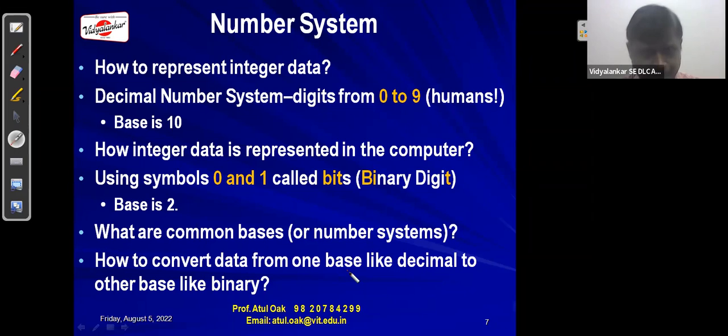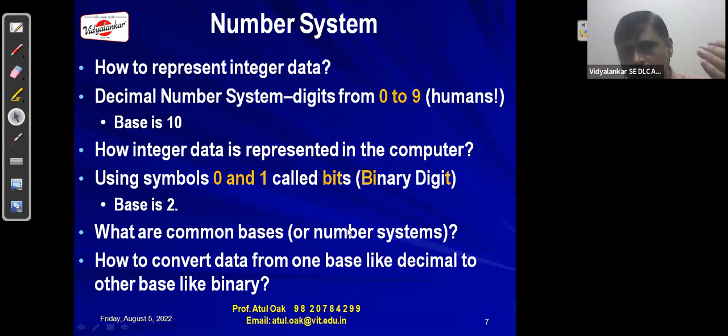I repeat again, because now our environment is created. The question is, there are some gaps. Question 1 is, what are the common bases or number systems? Humans use 10, decimal, computers use binary, that means base is 2.